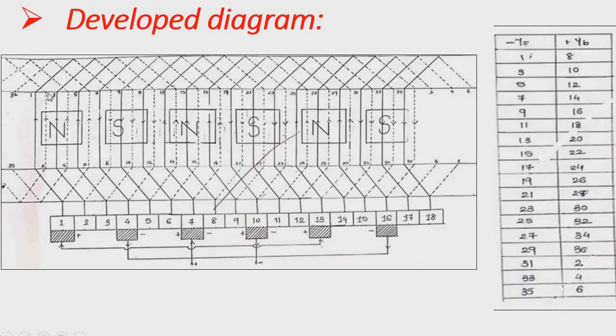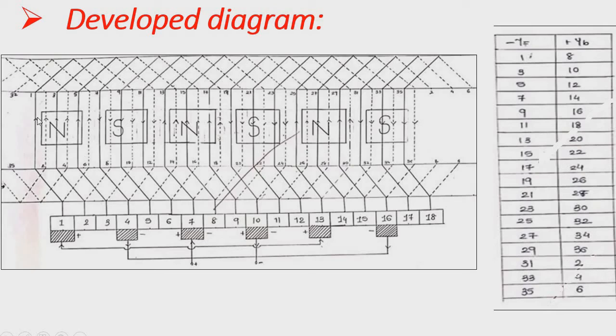Now in between all the top conductors we have to draw back conductors like this in dotted form. So these all are the back conductors in dotted form, and its numbering is at the bottom of the conductor. So these are 2, 4, 6, 8, 10, 12, etc., and the last one is 36.